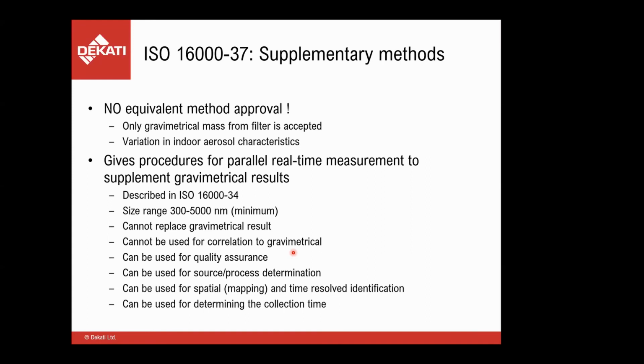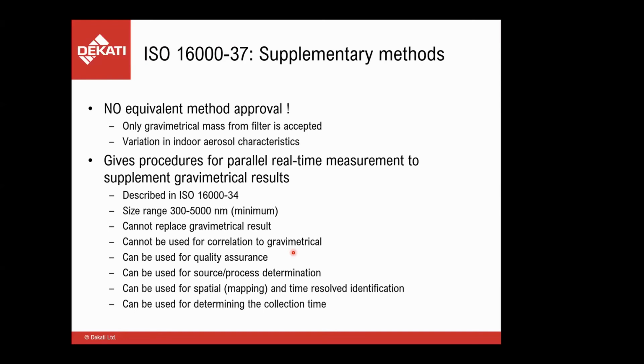Typically nowadays, for ambient measurement stations, quite often in Europe, the measurements are done with optical systems, which have to be characterized against reference systems in long-term campaigns. And that equivalency can only be used in environments where you have similar aerosol to where you did those equivalency measurements. And this is very difficult in indoor settings. So there is no equivalent method for the ISO 16000.